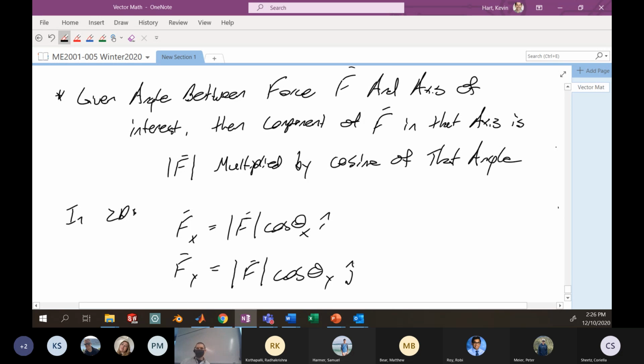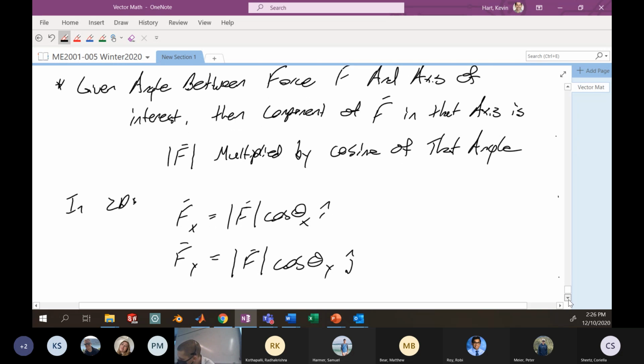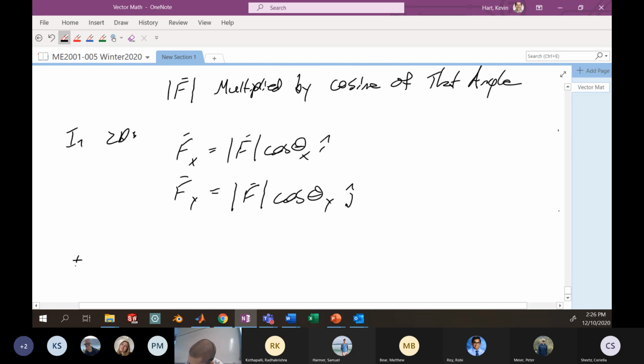The reason why I introduce this and talk about this in 2D first is because this idea holds as we move to 3 dimensions. So I'll say here, not particularly useful in 2D, but very useful in 3D.